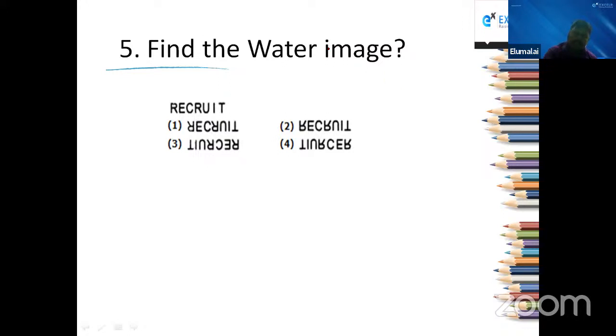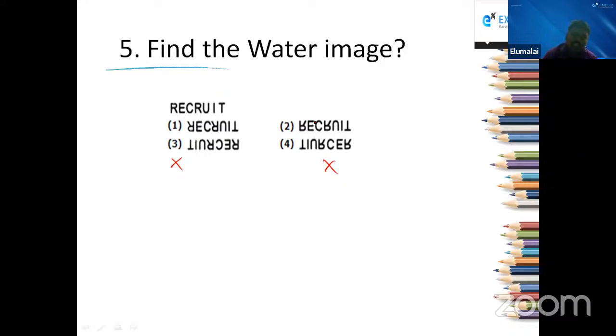Great. Now you can see here, right? Left side objects must be in left side itself, right side objects must be in right side itself, right? Based on that property, you could have eliminated option 3 and 4 simultaneously, isn't it? So you have eliminated two options. Either first one or second one can be the correct answer.